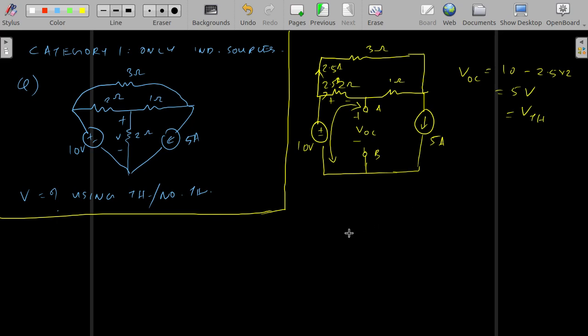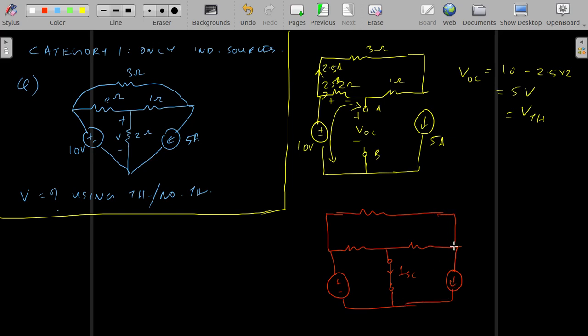Then I am finding the 3 ohm, 2 ohm, 1 ohm.